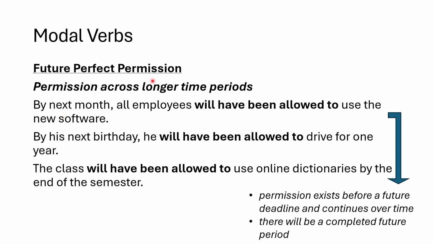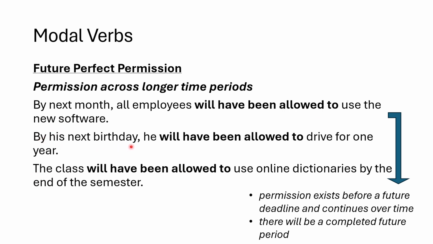Future perfect permission. Permission across longer time periods. The future perfect talks about permission existing before a future deadline and looking forward to a completed future period. The permission continues over time. Here are some examples. By next month, all employees will have been allowed to use the new software.